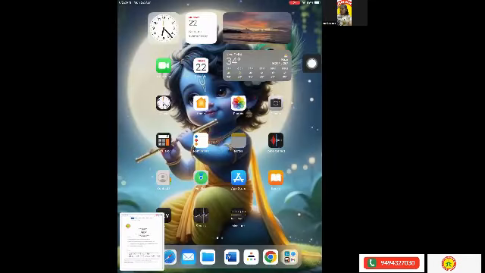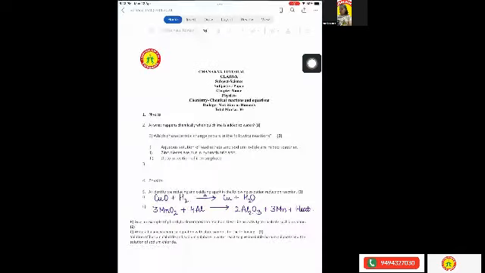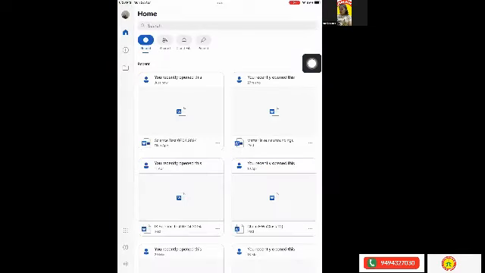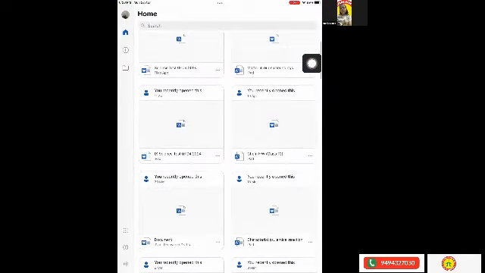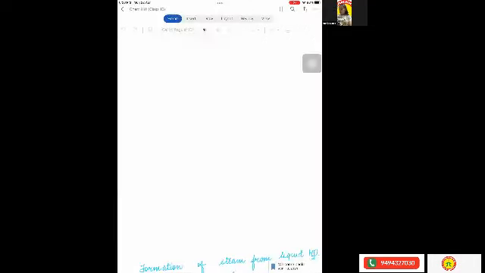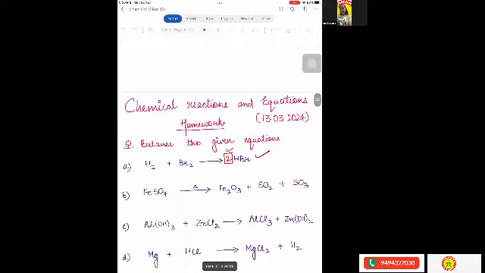Children, whenever a question asks you to write something chemically, you always and always have to represent it using a chemical equation. If you are missing out on chemical equations in this particular chapter, you are not going to get the marks, because this chapter is all about reactions.